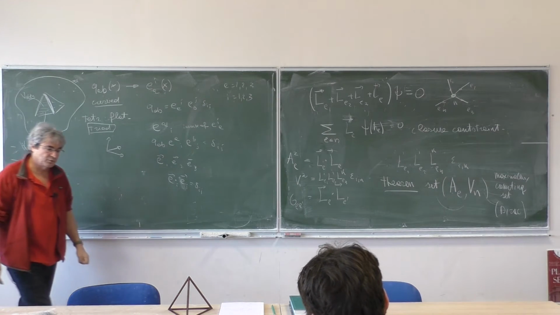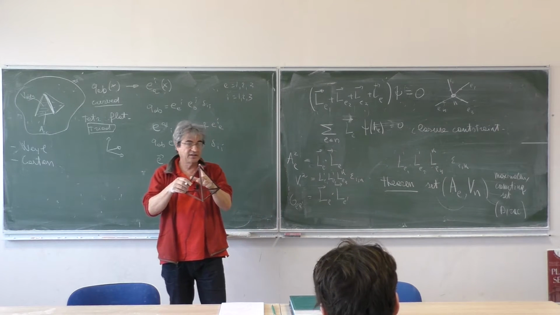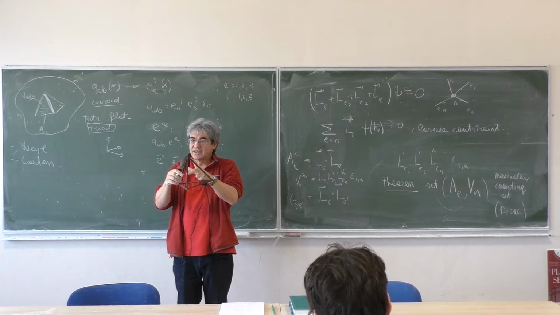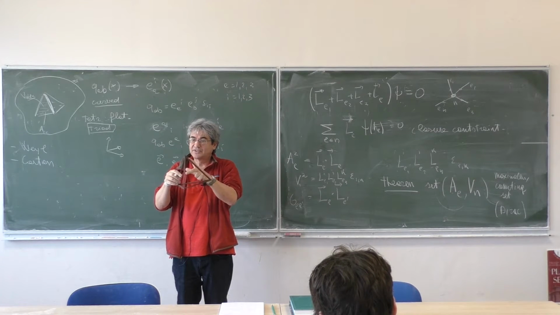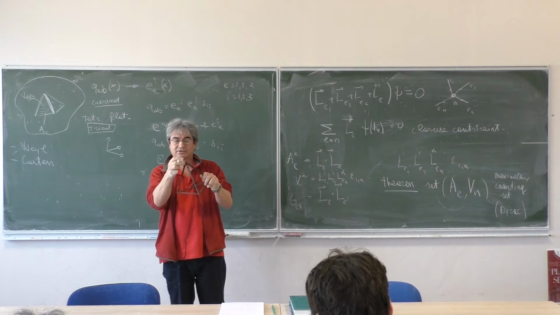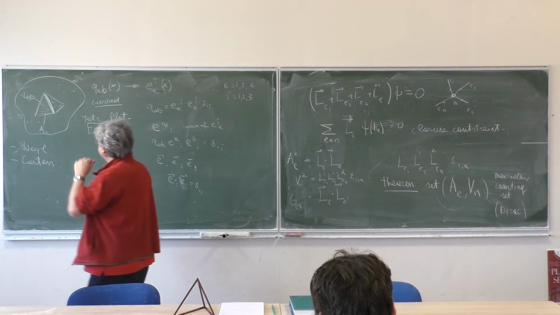So in other words, within each tetrahedron, we can choose a Cartesian frame and use it in this tetrahedron. When you go to the next one, you rotate it. And when you go around, the amount of rotation gives the curvature here.